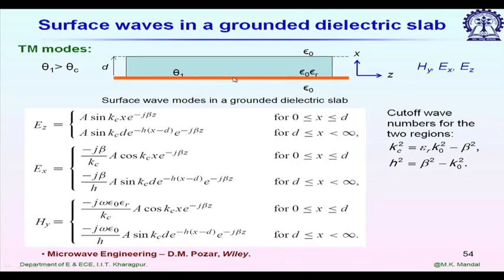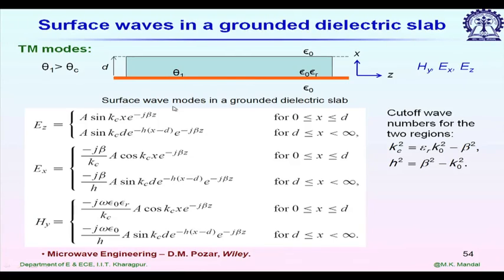So, it is parallel to this metal plane, and now from the boundary condition what have we seen? We have seen that there can't be any tangential electric field component on metal. So, without going to the final expression, we can expect that there should not be any Ez component at x equal to 0.